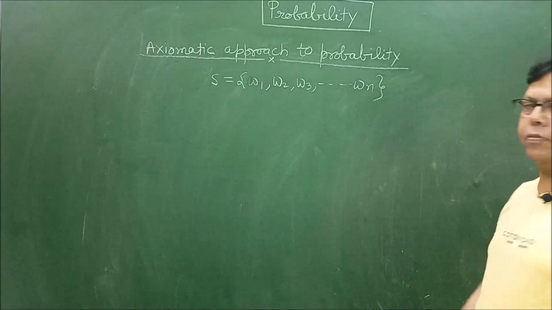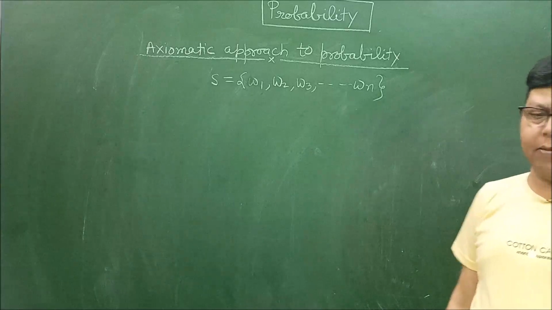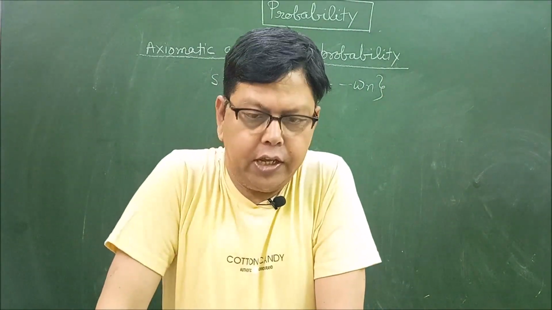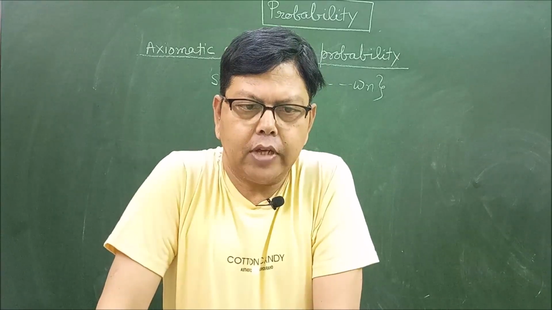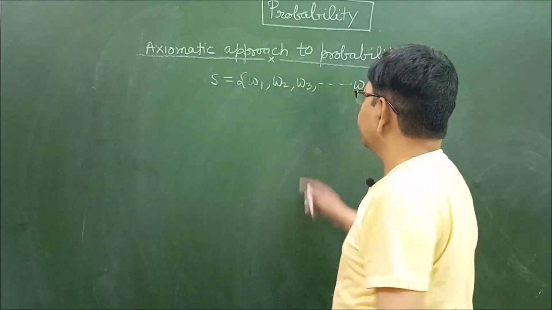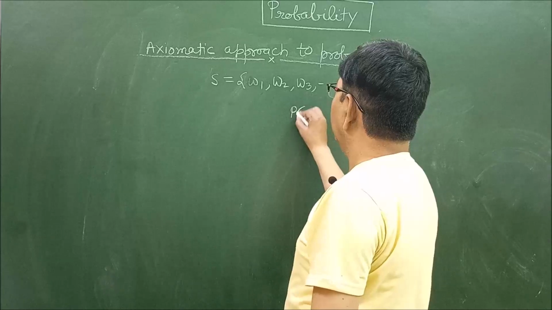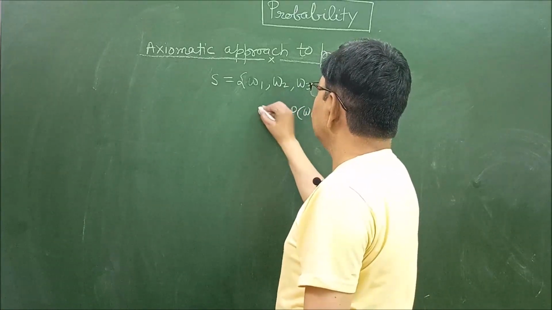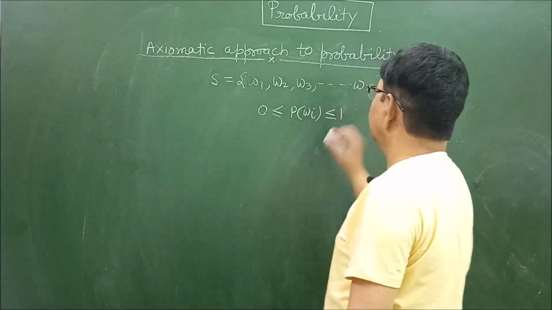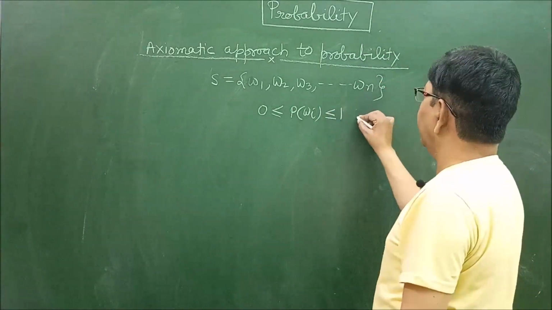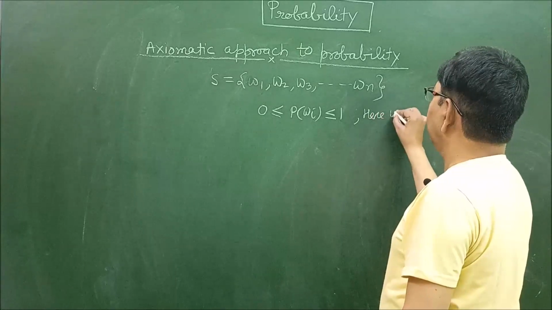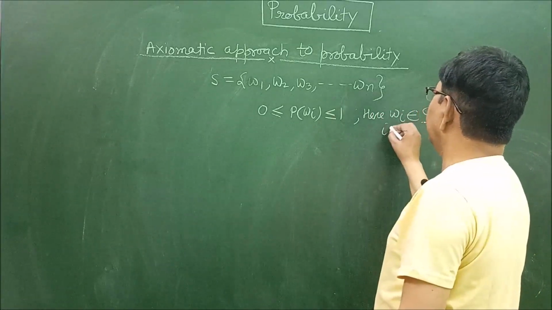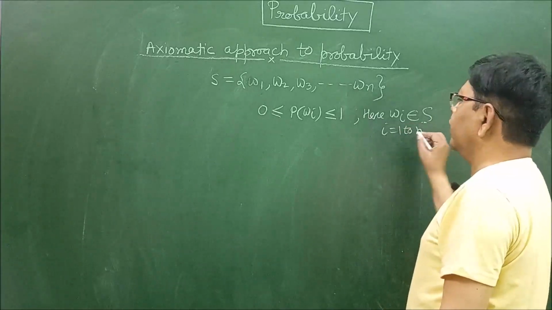That is, the sample space consists of n sample points. Then for each sample point, the probability of omega i lies between 0 and 1. Here omega i belongs to the sample space S and i varies from 1 to n.